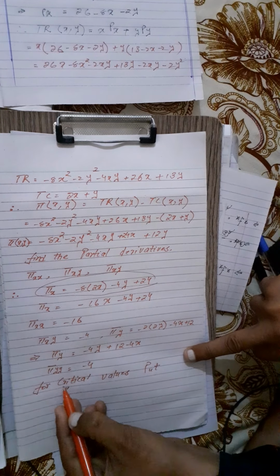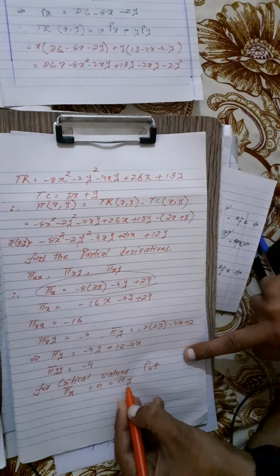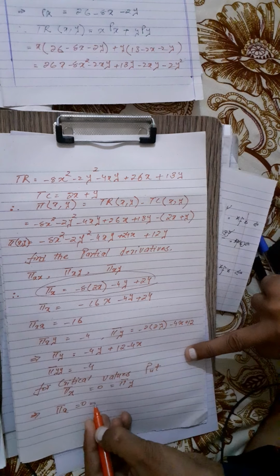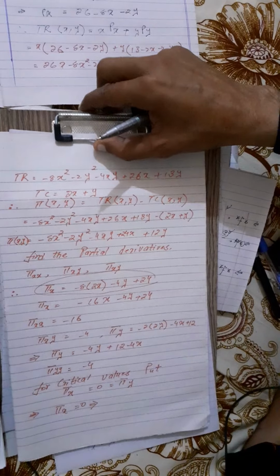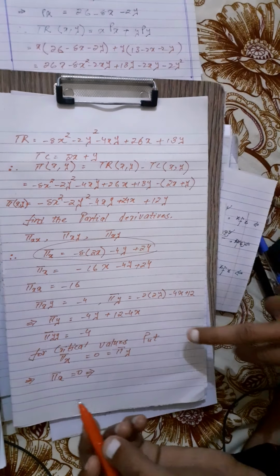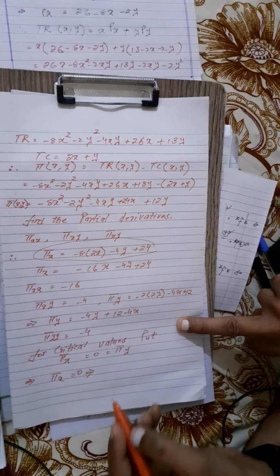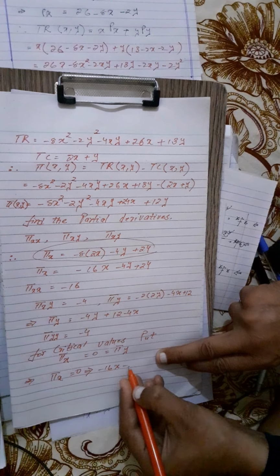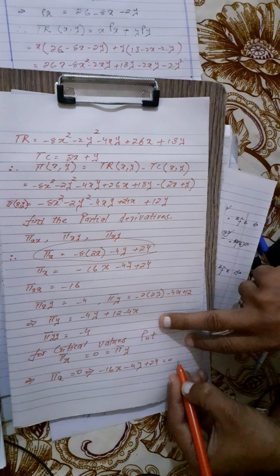Pi x equal to 0 implies minus 16x minus 4y plus 24 equal to 0.